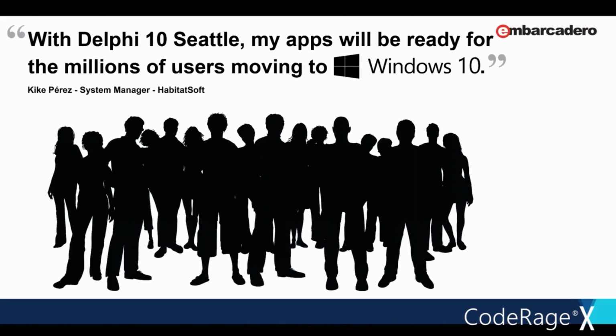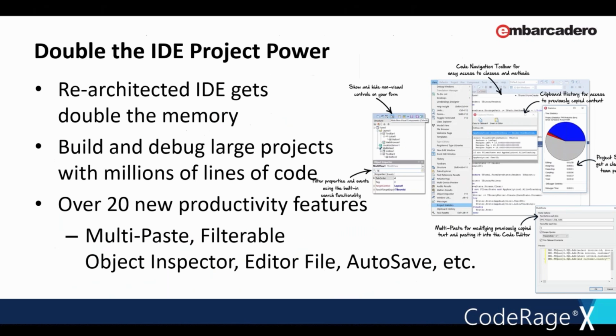There are millions of users moving to Windows 10, and it's important to be ready to provide good support for the platform. The other side that I already mentioned is pushing stability, and that was done mainly through 2 steps, which is allowing the IDE to use twice as much memory, so you can build and debug larger projects.